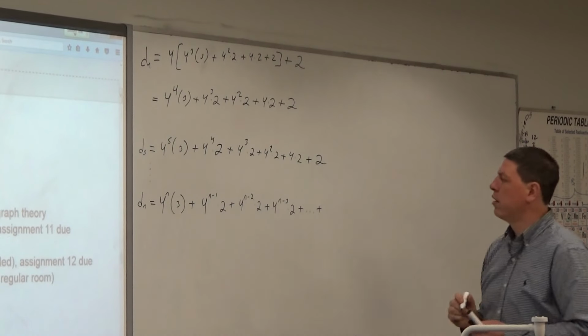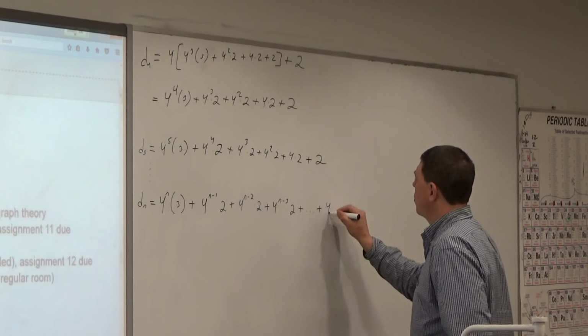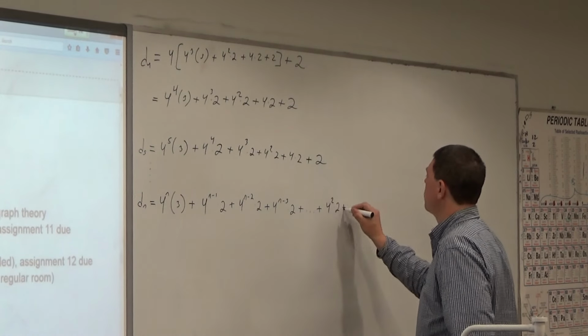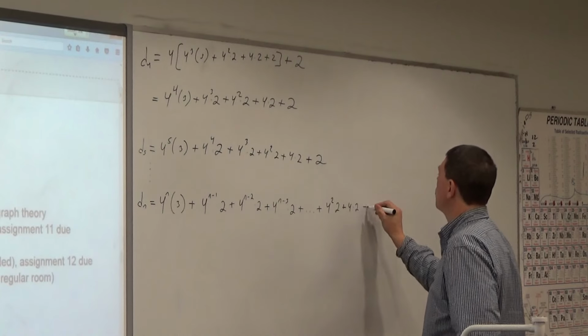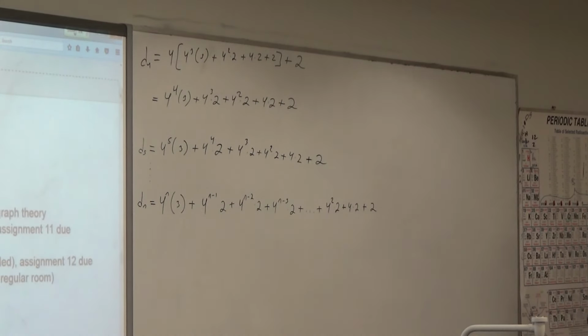For how long? Forever until plus 4 squared times 2, plus 4 times 2, plus 2. Okay, nice. I just wanted to write the last 3 of them. Well, that looks good. I mean, hey, at least it's not recursive.